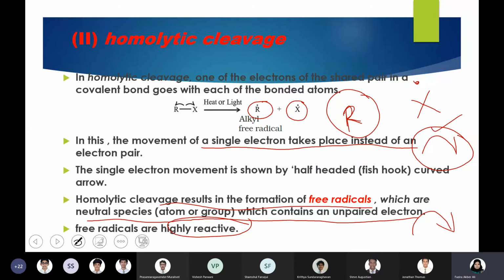Then we moved to the homolytic cleavage, where the breaking down of a covalent bond with single electron movement takes place, leading to a neutral species with unpaired electrons. That is what the free radical is.